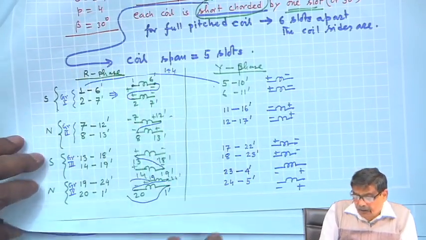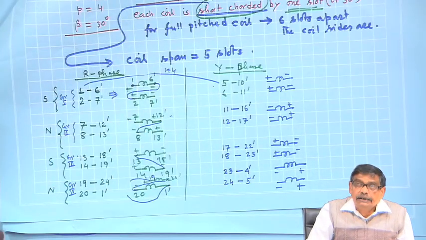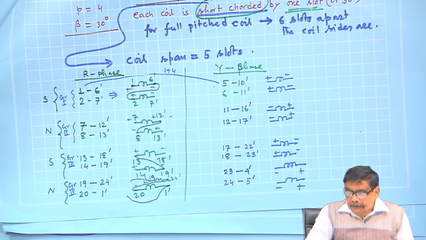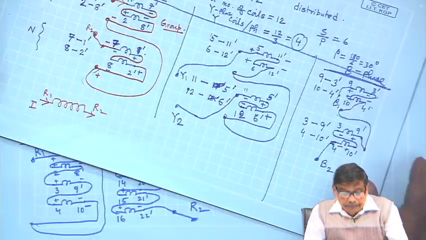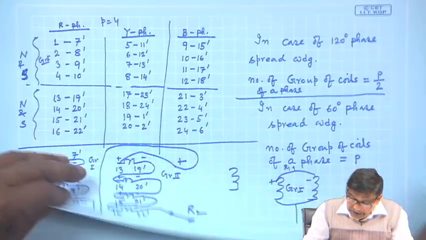After these few lectures about the windings, I think you will be in a better position to understand what exactly is going on when a balanced 3-phase distributed winding is excited by balanced 3-phase current. So, the introduction to that will be in this way.